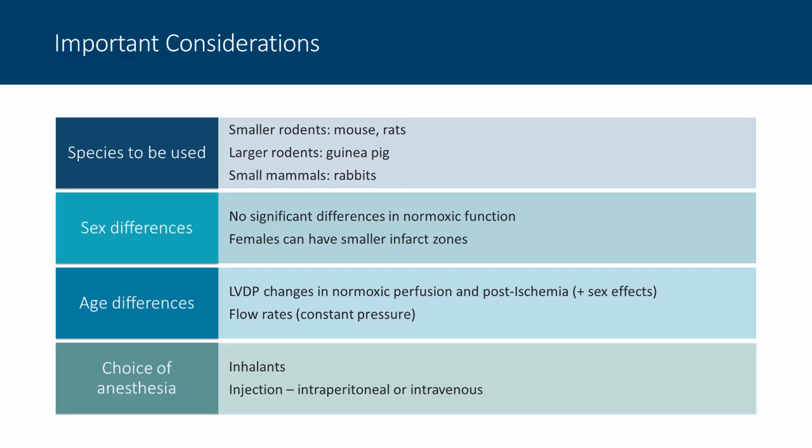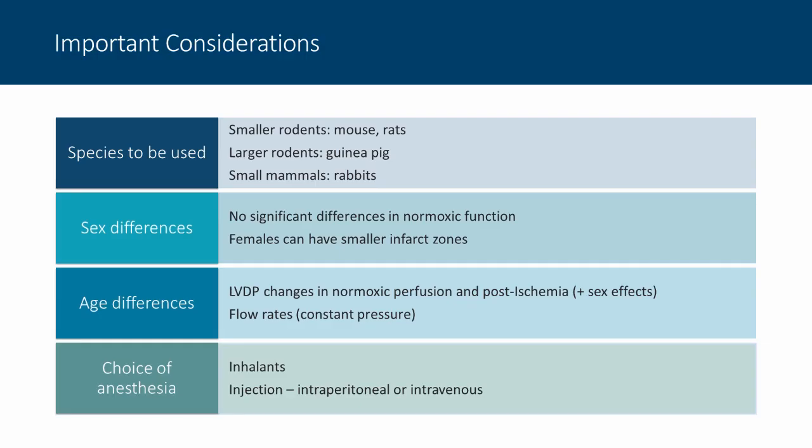Alternatively, we can use larger rodents like the guinea pig, but small mammals are quite a popular choice as well. Here, obviously, the advantage is the vasculature is significantly larger. However, the handling effects are significantly more important with rabbits. They don't like being handled much at all. And obviously, the cost to have a single animal is vastly more expensive than those associated with smaller rodent models.